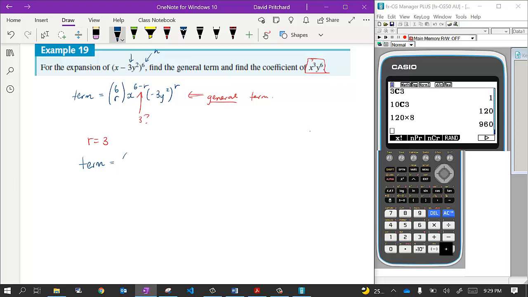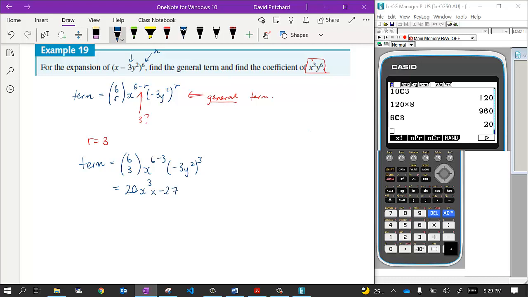So term is, this time it's 6C3. We've got x to the power of 6 take 3, and we have negative 3y squared to the power of 3. What we need to do now is work these values out. So 6C3, that's 20. x cubed. Now we've got negative 3 to the power of 3, which is negative 27.